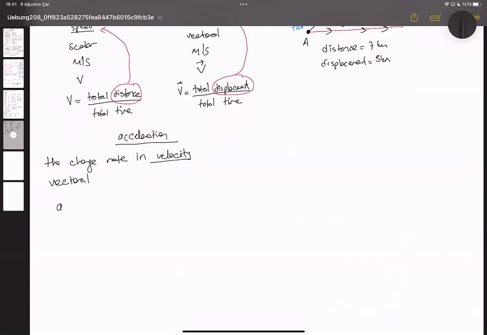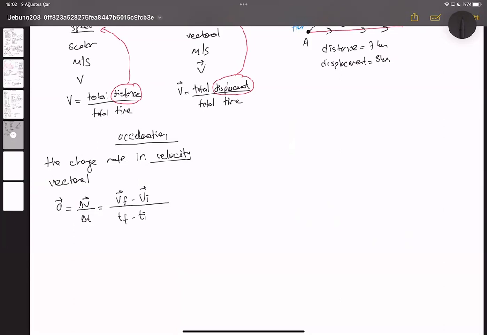For the symbol, we are using a vector, and for the formula, delta v divided by delta t. Delta v equals change in velocity, and delta t equals the time gap between starting and finishing. So we can say v final minus v initial divided by t final minus t initial for this formula.